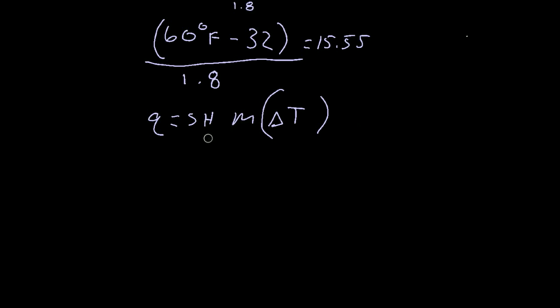But they give you the specific heat, and the units of measurement for the specific heat are joules per gram degrees Celsius. So maybe they're giving you Celsius, but they want your final answer for the change in temperature to be in Fahrenheit. That'd be an example of how you could see this thrown into a problem. So you'll use this periodically all throughout your semester in chemistry.